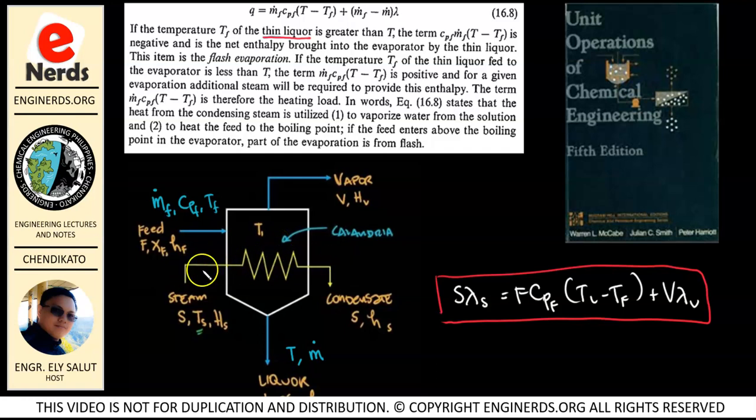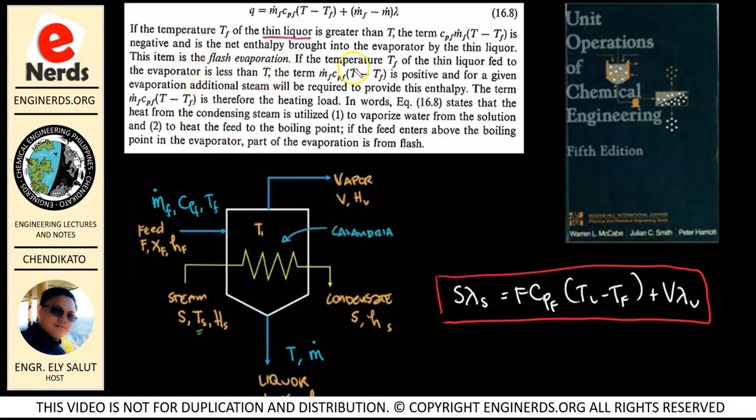Hindi natin kailangan tong supply ng steam kasi mas mainit na nga itong feed natin. Ano? So, what will happen is that our value here will be negative as stated here and is the net enthalpy brought into the evaporator by the thin liquor. Okay? So, this item is the flash evaporation. So, kapag mas mataas ang temperature nito, that is what we call flash evaporation.